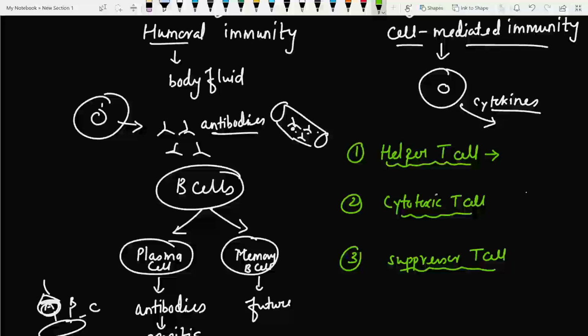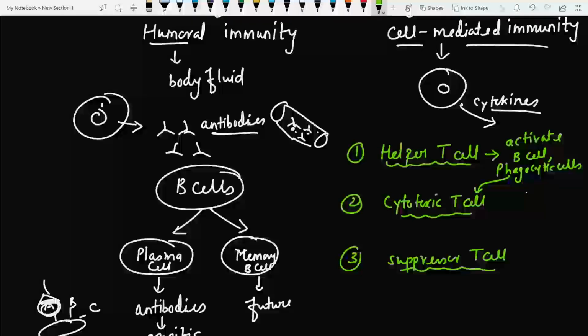Basically, it will sense the pathogen through the antigen presenting cell, and it will get activated and release the cytokines to activate the B cell. So basically, it will activate B cells, phagocytic cells, and also the cytotoxic cells.